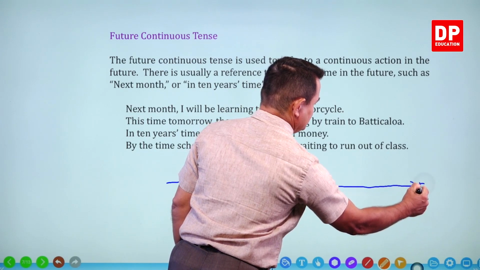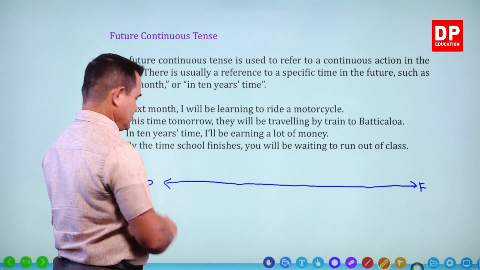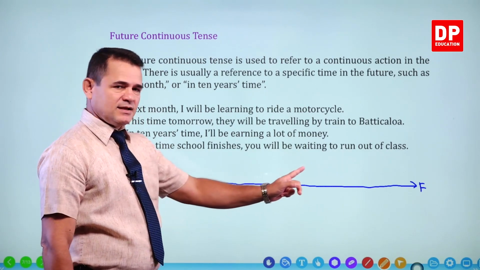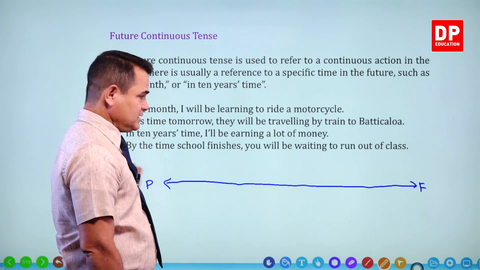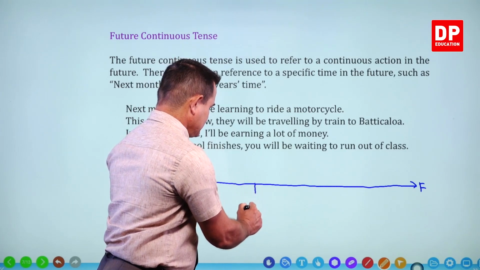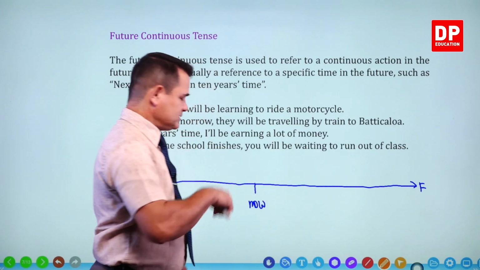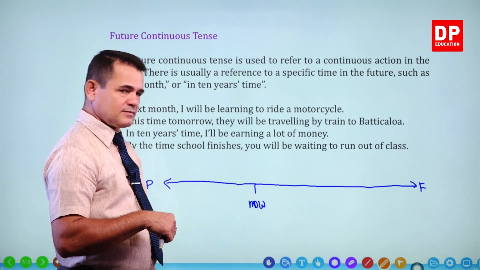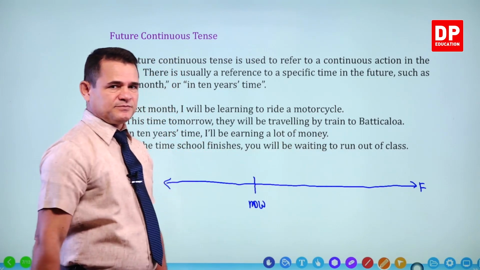This side is past, this side is future. Let's say this is now, the present moment. Ahead of this moment is the future.